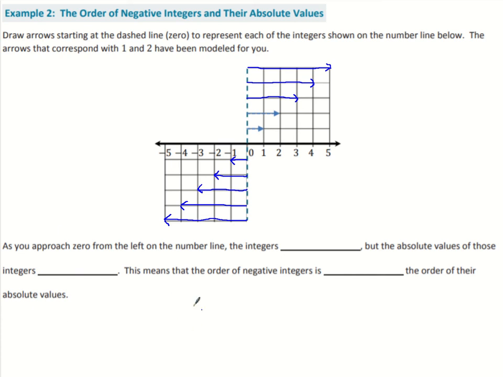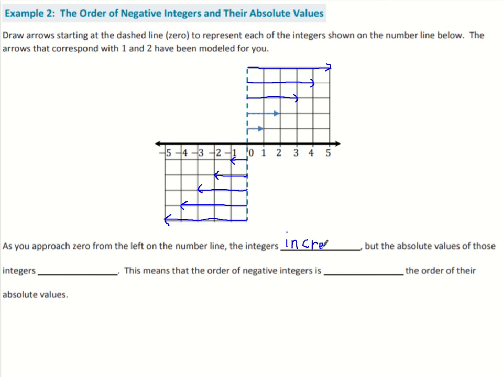That's going to tie into exactly what's written down here. As you approach 0 from the left of our number line, so coming over here and we're approaching 0, our integers are going to increase. -5 to -4, -4 to -3. Our integers are going to increase.